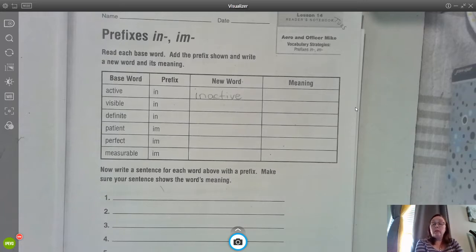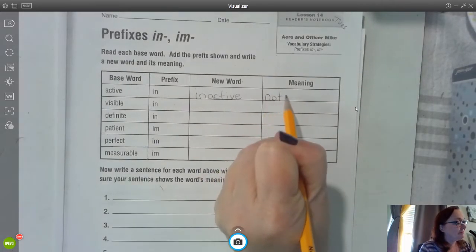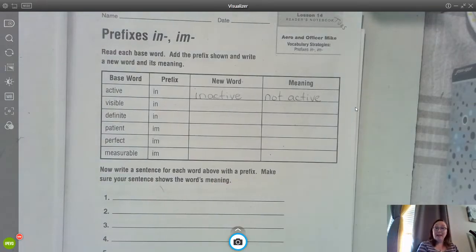Changes the meaning of that word when you put on a prefix, right? So if we have active, we know what it means to be active. And now you're inactive. What does it mean to be inactive? Not active.